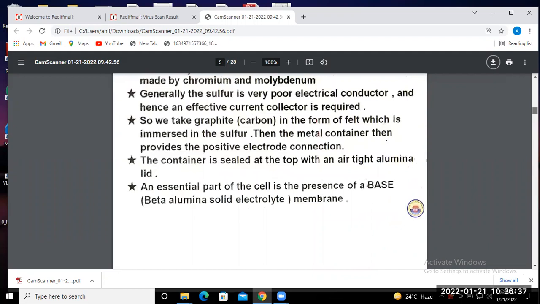So the essential part of the cell is the presence of the beta alumina solid electrolyte membrane. That means the separation of the sodium and sulfur liquid.